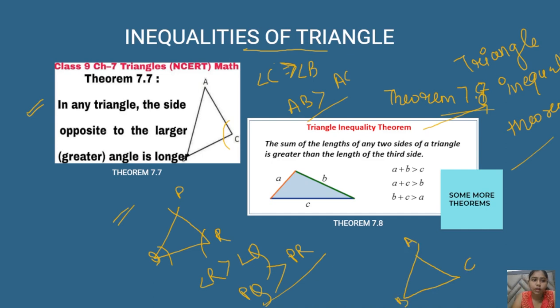What this theorem means is that AB plus BC is greater than AC, or AB plus AC is greater than BC, or AC plus BC is greater than AB. This is what they meant by this last theorem. This is theorem number 7.8.